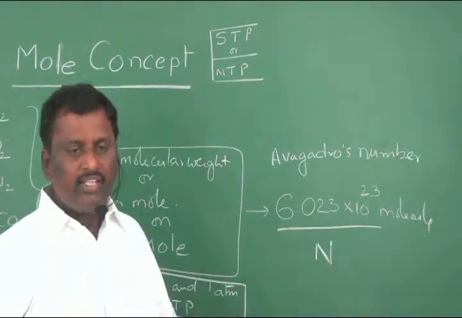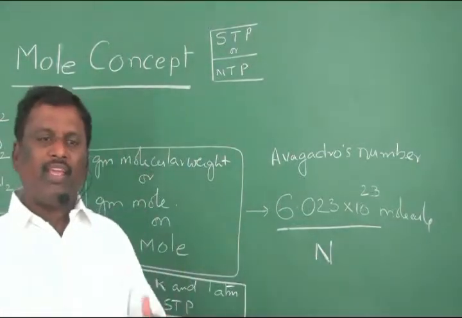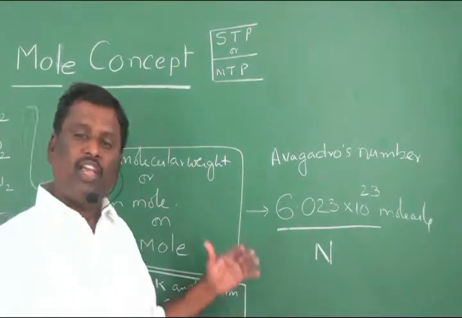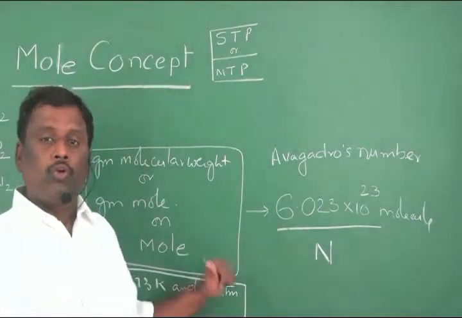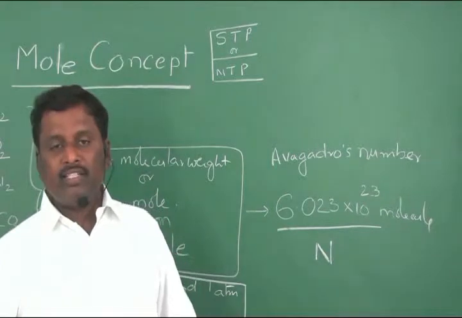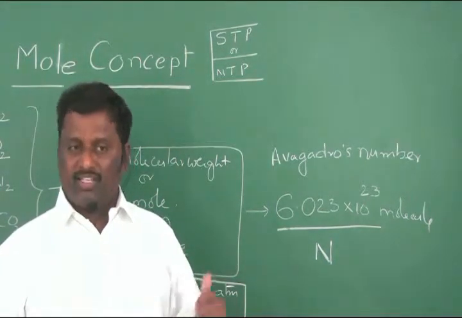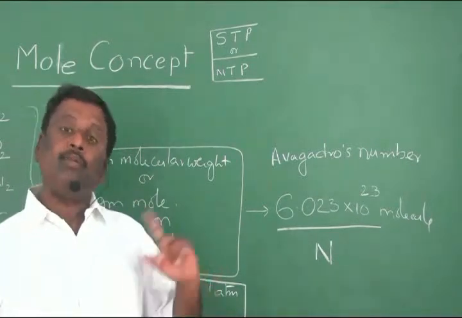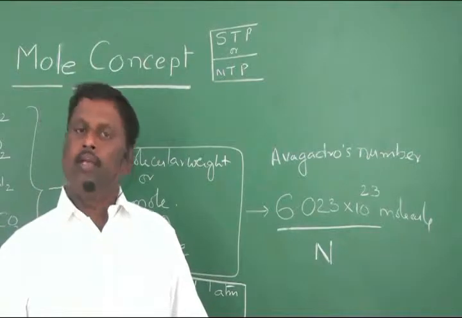And there is a relation between the mass and volume also. Because if you take any gas, 1 mole of any gas, at STP conditions, it will occupy 22.4 liters. STP conditions means 0 degree centigrade or 273 K temperature and 1 atmosphere pressure, which is said to be standard temperature and pressure.